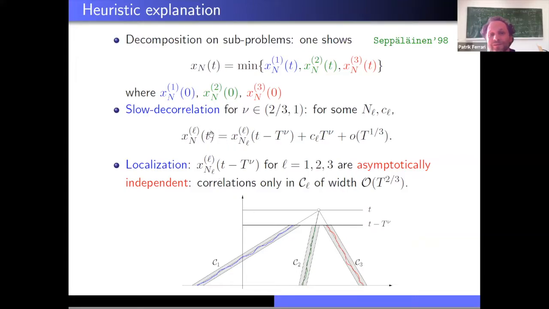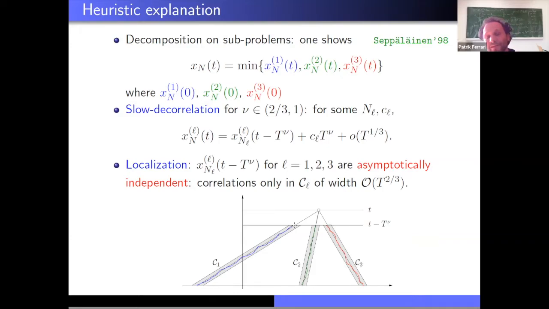Now, suppose that you can do this approximation. What turns out, I told you something about the space-time correlation, is that the space-time correlation lives on an order T to the 2/3 around the characteristic. So if you look at the characteristic that corresponds to the position you start from, it typically is, for example, here.